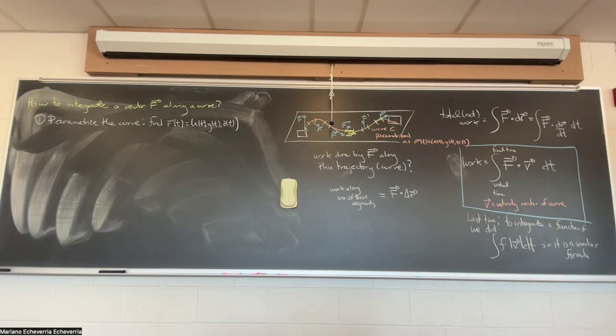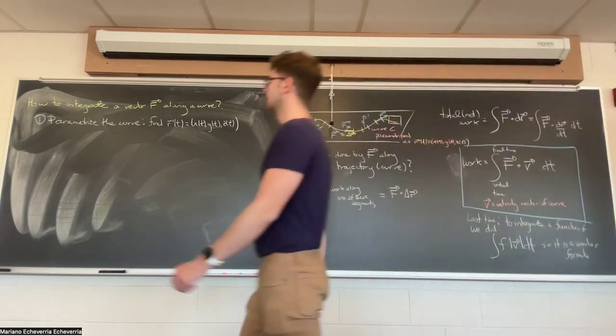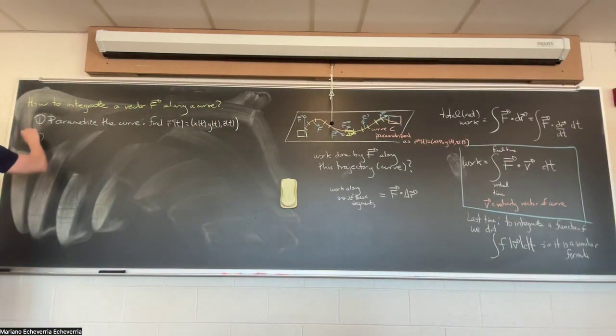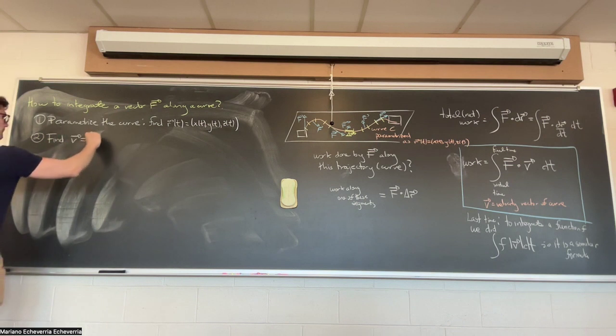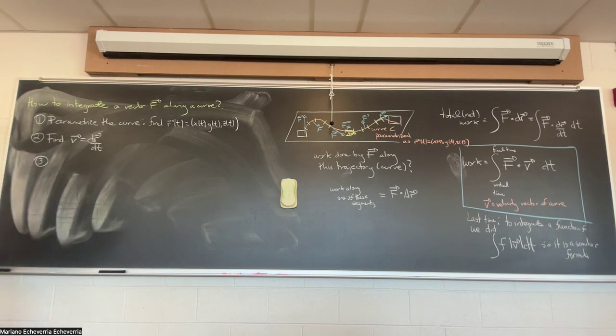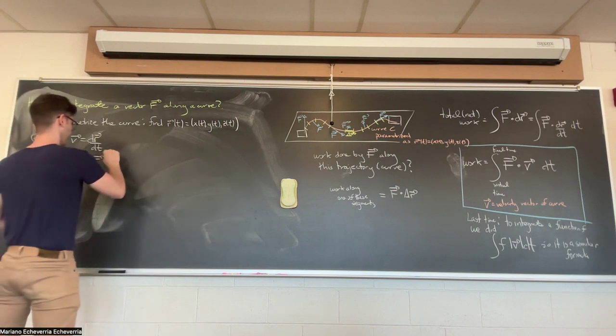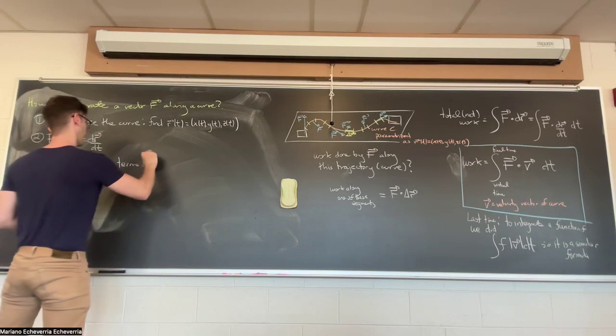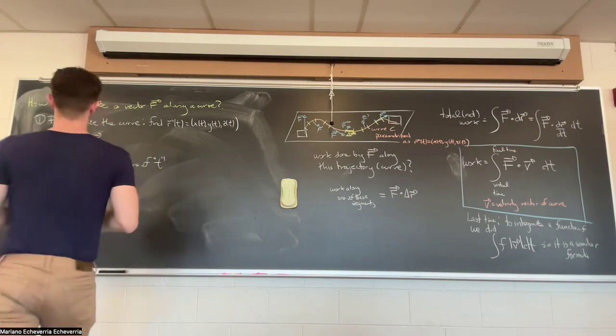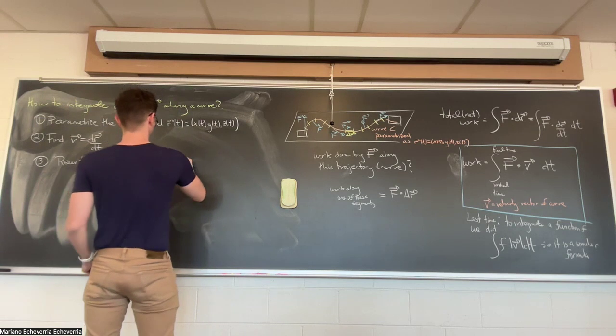Then step two is to find the velocity vector. Step three is to rewrite the vector F in terms of t using the parameterization of the curve.